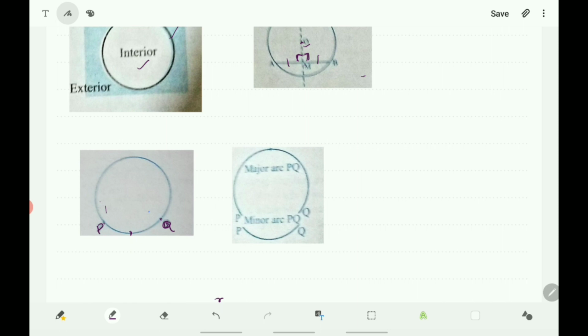The smaller piece is called the minor arc and the larger piece is called the major arc. So an arc is a piece of a circle between two points, the smaller piece is the minor arc and the larger piece is the major arc.